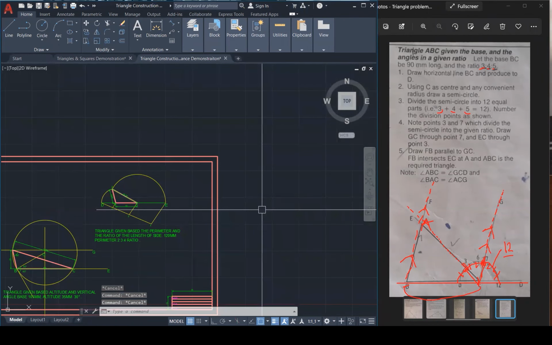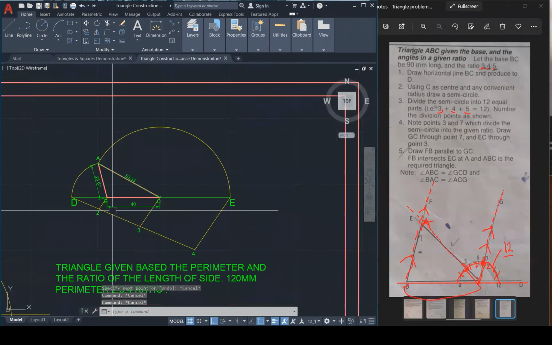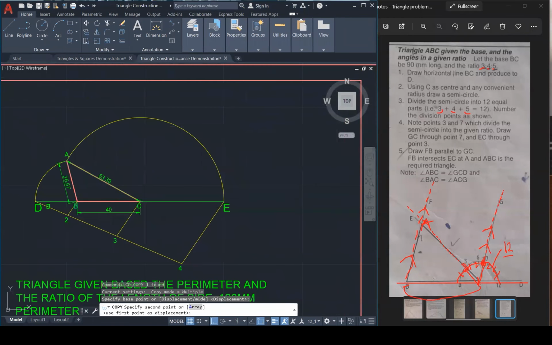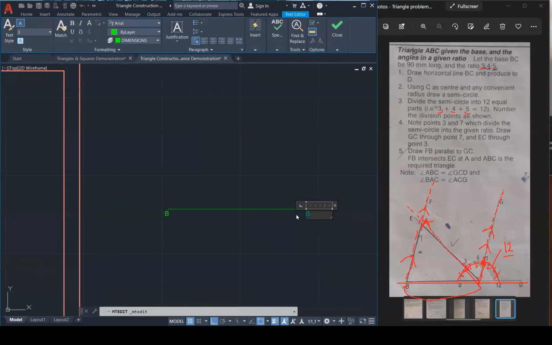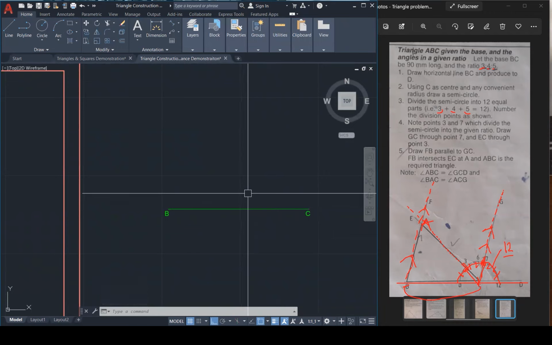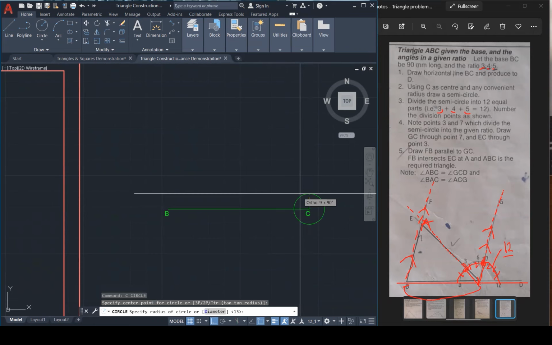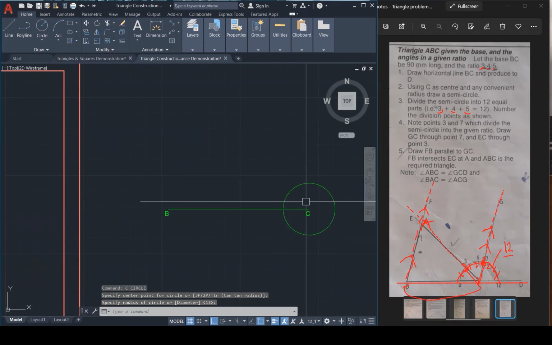Let BC be 90. So I'm going to put that at 90. And let me call it B. Copy. BC be 90. And what we're going to do at this stage now is we're going to come here at C and create a circle.